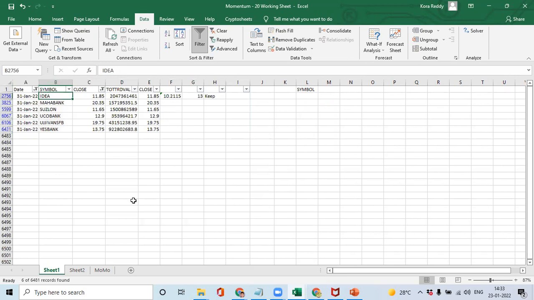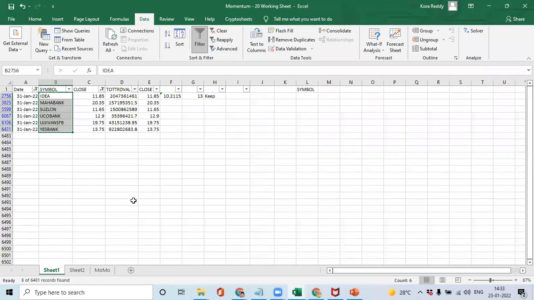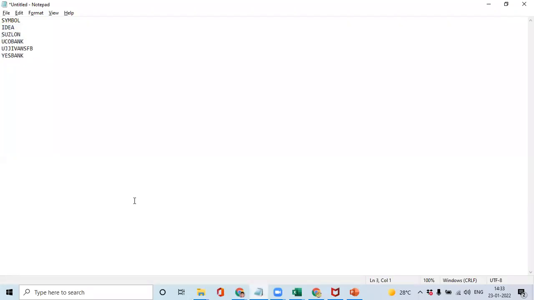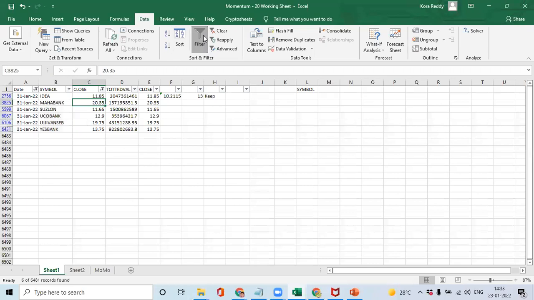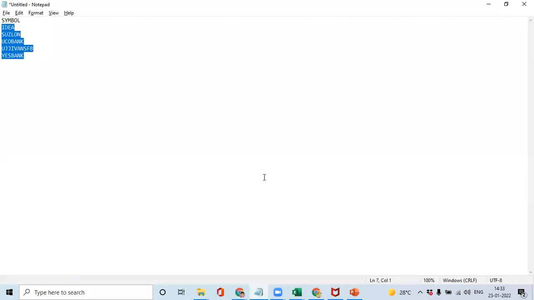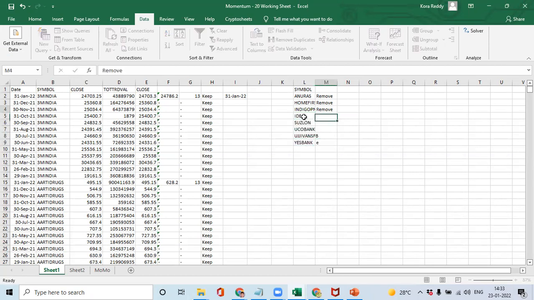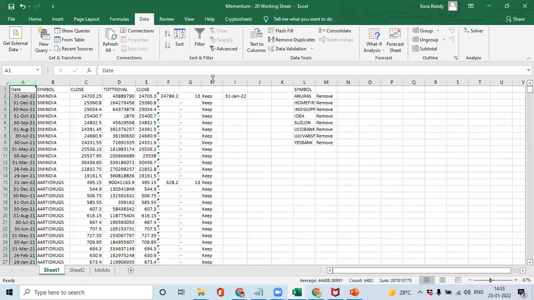I don't know why Maha Bank has come. Maybe I put the same, but anyway, we'll delete Maha Bank because it is about 20. So I'm not interested in these 4 stocks. So I'm removing all these stocks from 500.